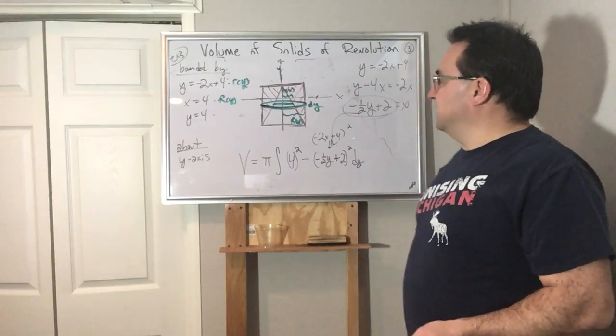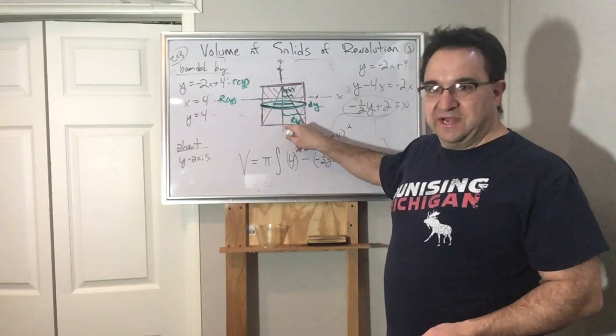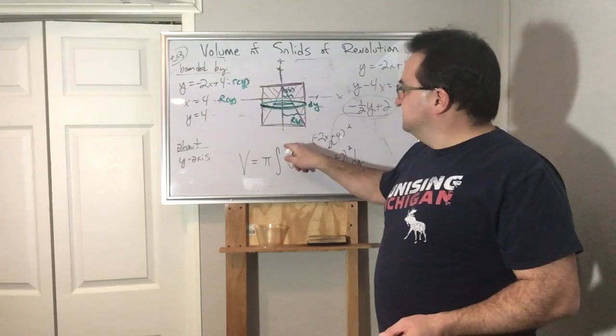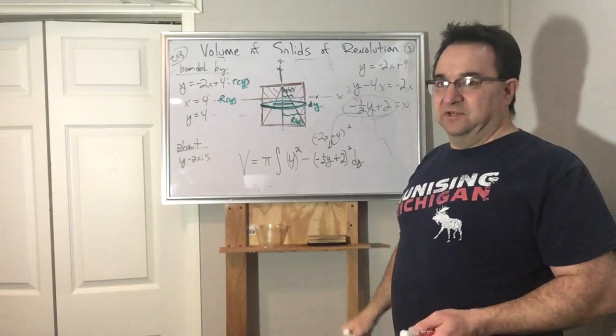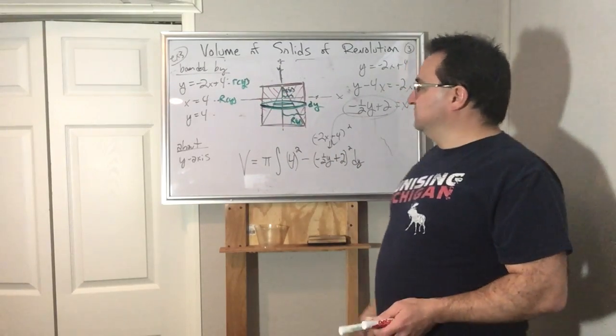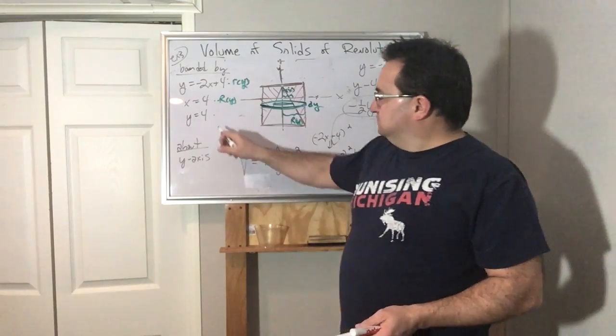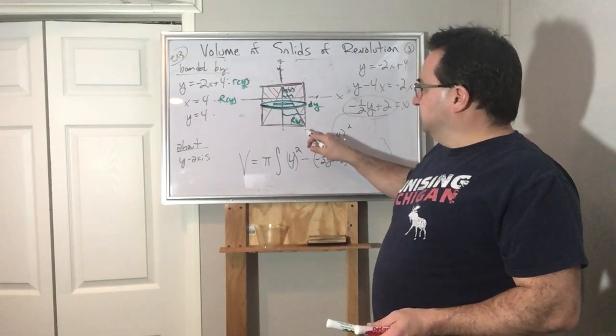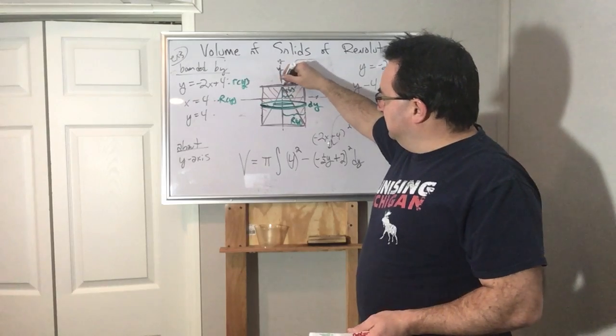Now this has to be my low y value. It's down here somewhere. And this is my high y value, which is up here. So how are we going to find where these intersect? Well, let's see what we can do. What I would do is I would use the equation here.